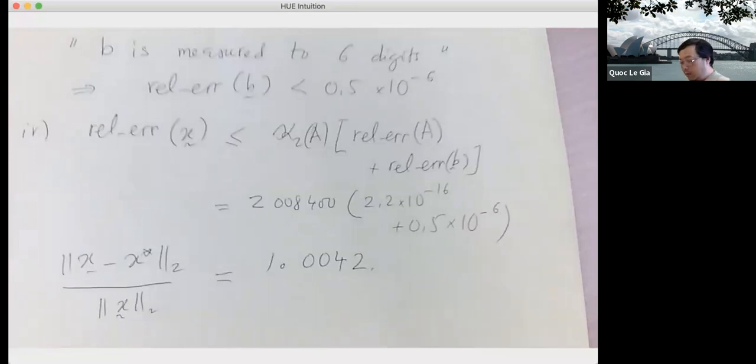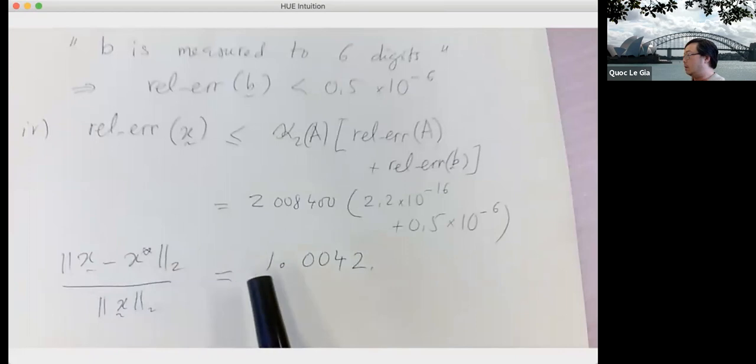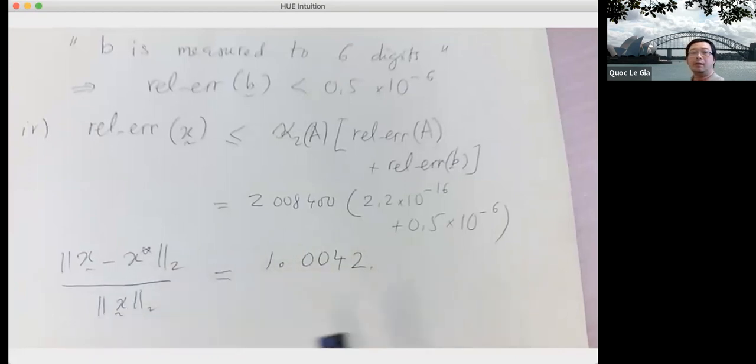Okay, so now go back to this calculation. If the relative error is 1.0042, is it a big or small error? Yes, it's very big. Remember, it's the relative error.